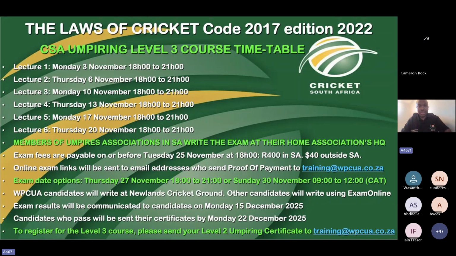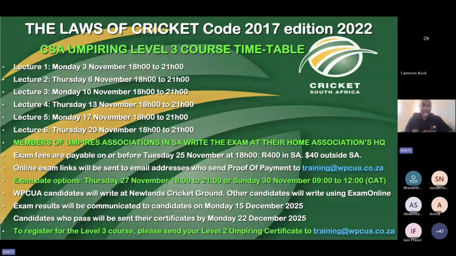Cricket South Africa suggests 2 years experience for the level 3 exam, but it can be changed by each association. So if you qualify with your association and you write in your association and you pass, you will get a Cricket South Africa level 3 certificate.